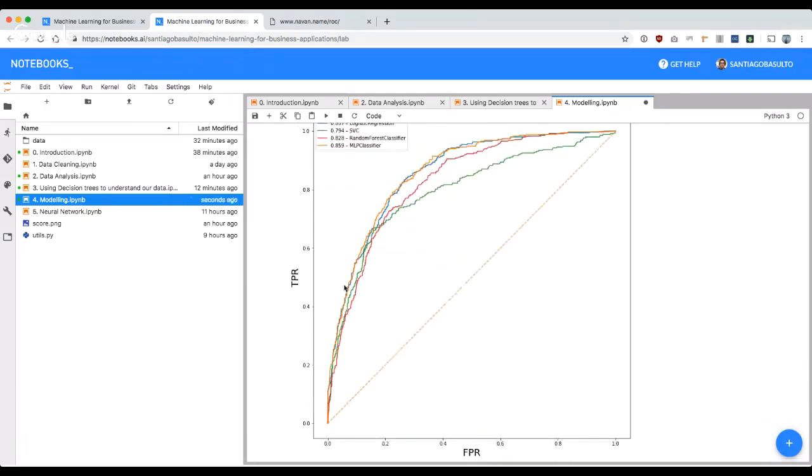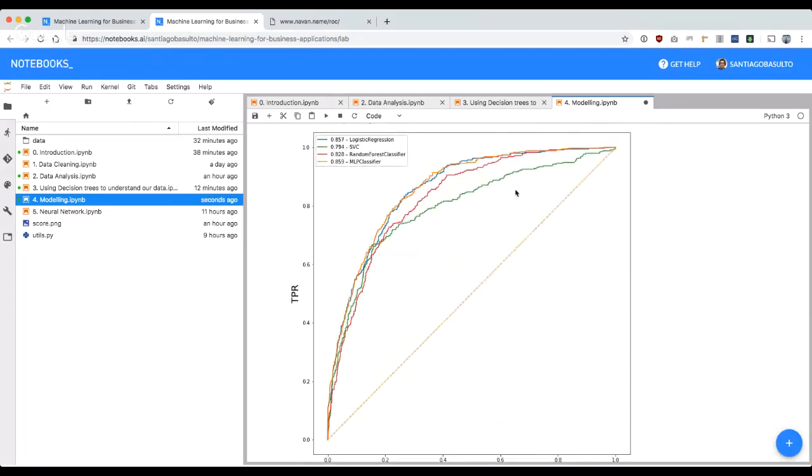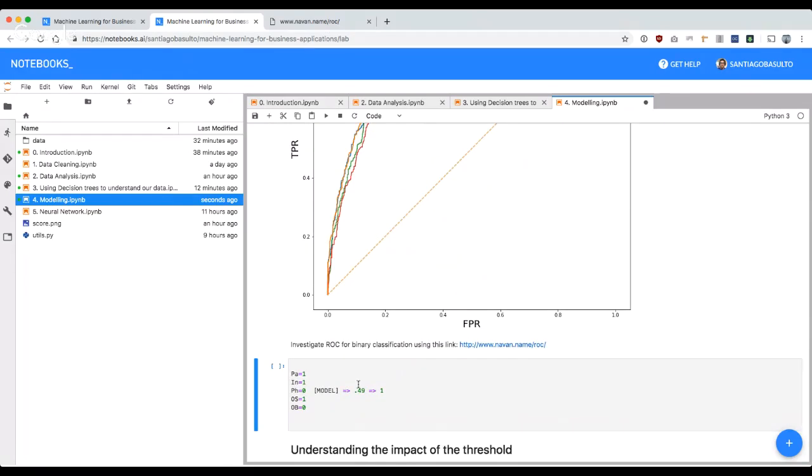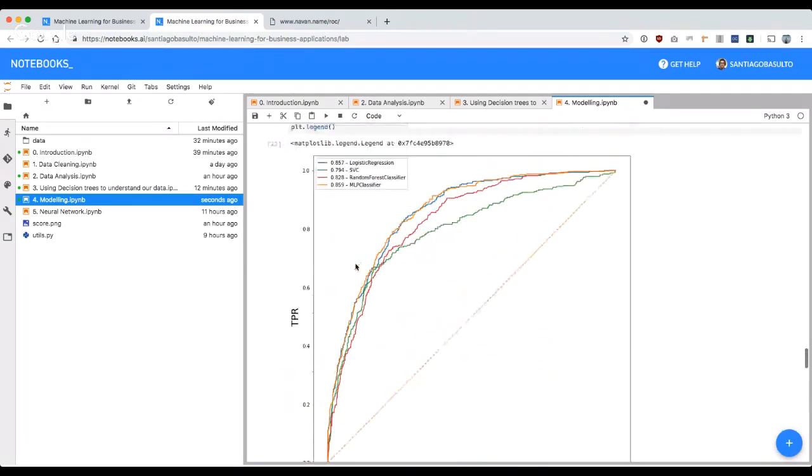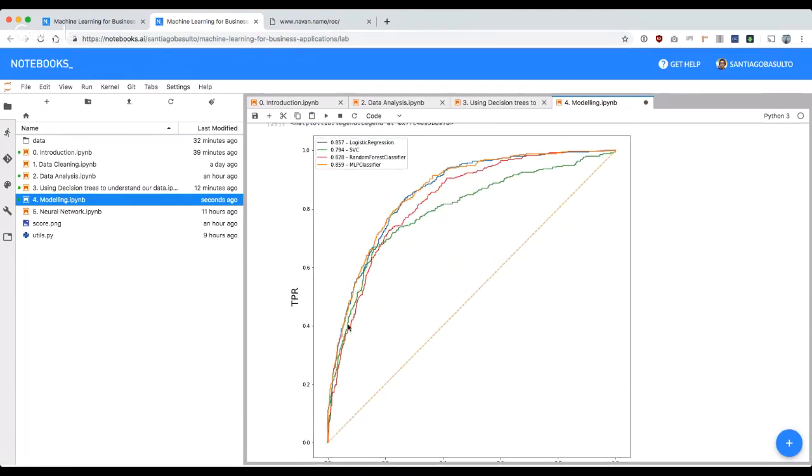What this diagram is showing you is how a different threshold, like for example 0.1, 0.2, 0.3, is going to affect your predictions. The most important things here are both the curves and the area under the curve.